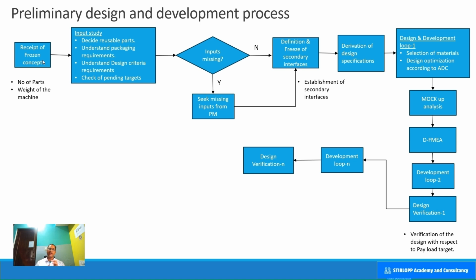Basically the design verification team is the CAE team. CAE is computer aided engineering, where they virtually analyze your design in the system. They are also called the calculation team in vehicle engineering.